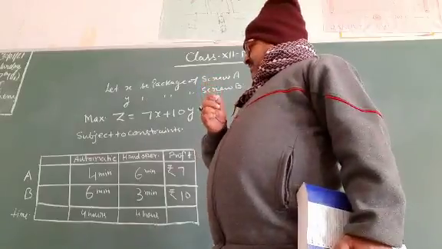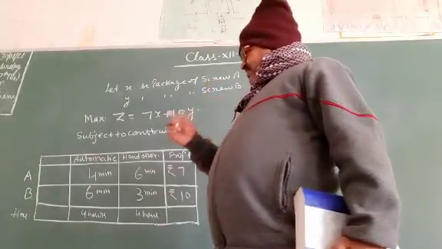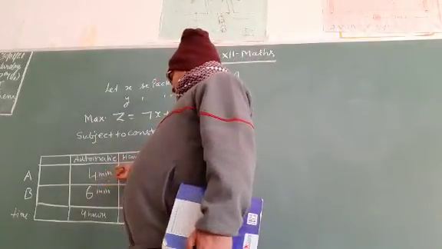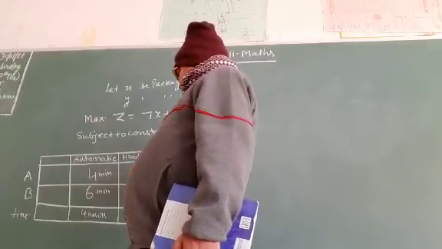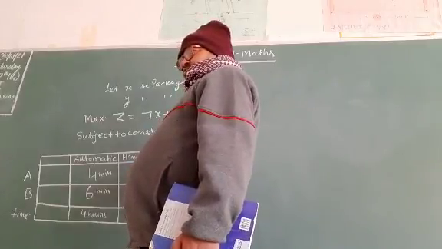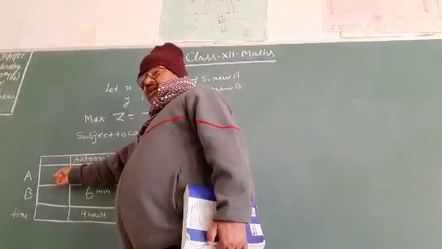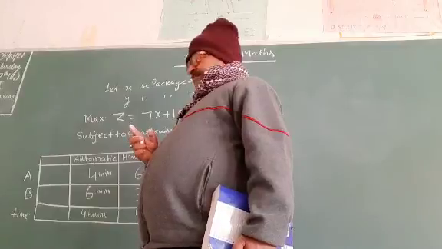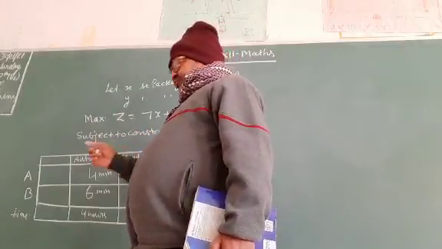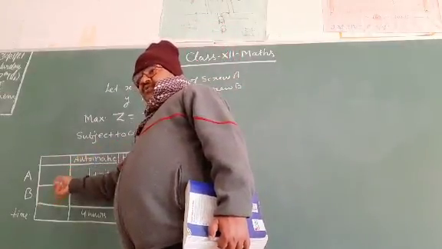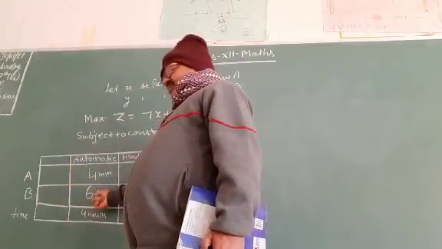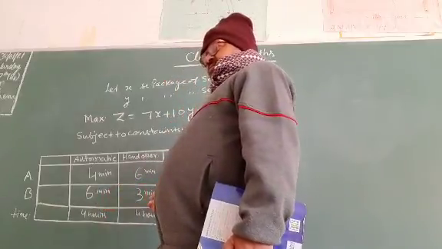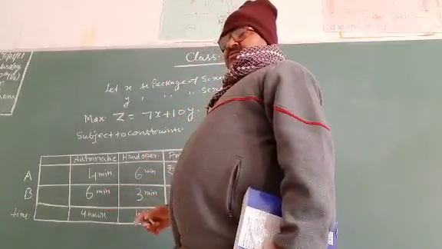For screw of type A, the automatic machine works 4 minutes and the hand operated machine works 6 minutes. For screw of type B, it takes 6 minutes on the automatic machine and 3 minutes on the hand operated machine.